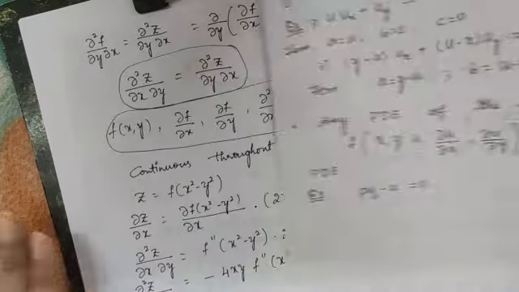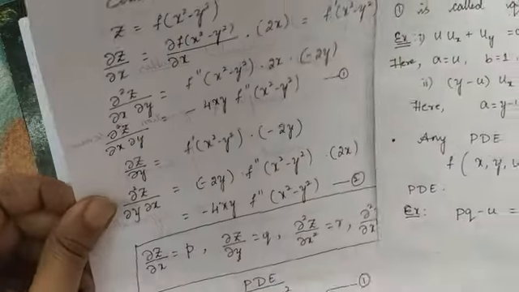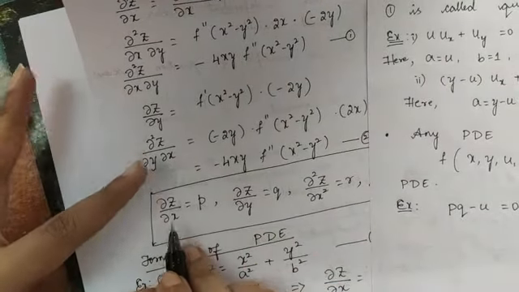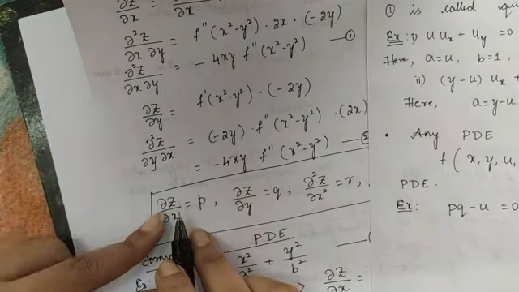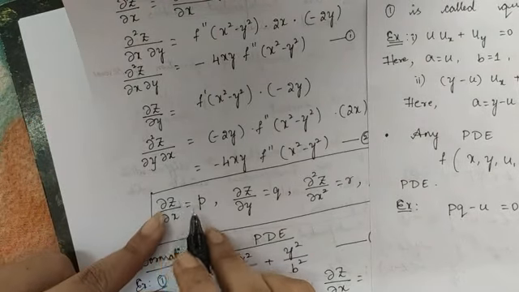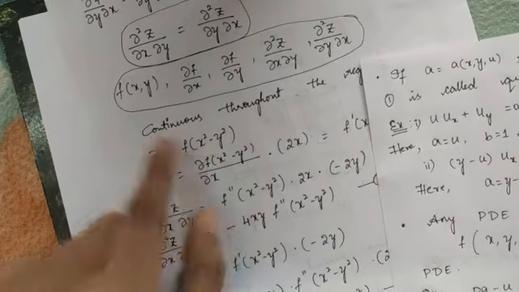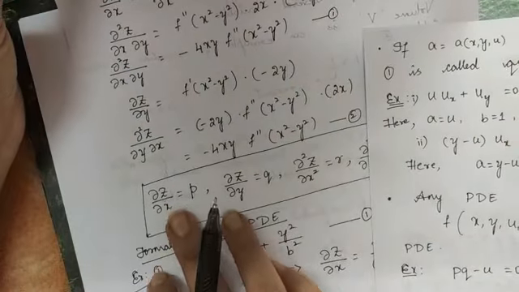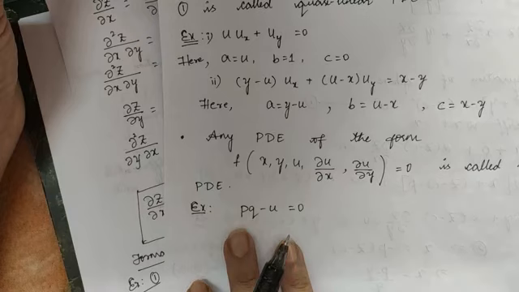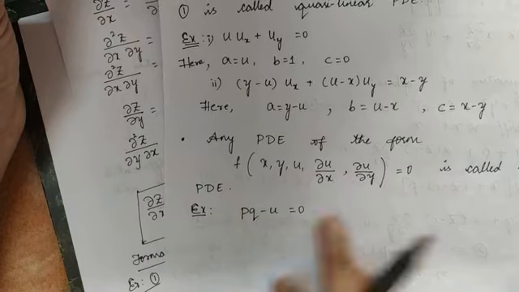Here pq means, from the notation, in the previous session we used z as a function f of x² − y², and for that p became ∂z/∂x. But in this example, in the place of z I have u.